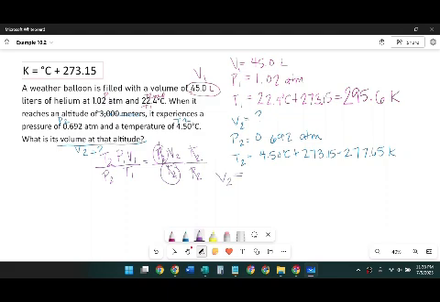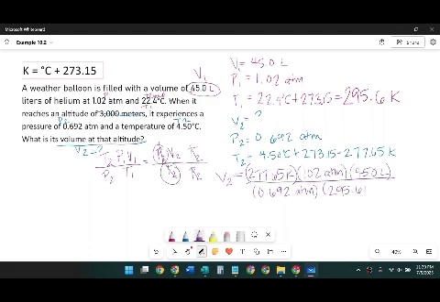Our second temperature is 277.65 times our first pressure, 1.02, times our first volume, divided by our second pressure and our first temperature. So our units cancel here, and here, and here, and here. So we're left with just the liters that we want.